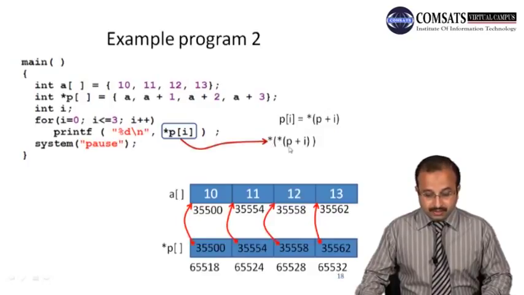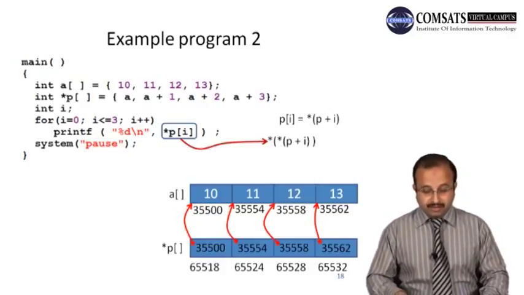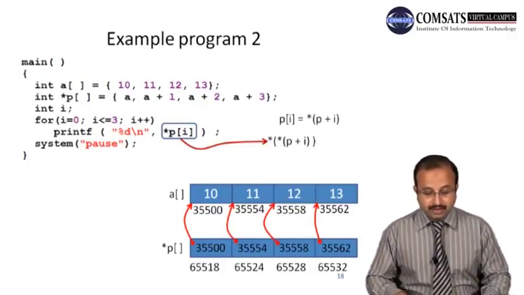So if we want to solve this, P is 65518. Add 0, since the value of I is 0 initially, so that means 65518, and then you put star with it. Then this means the value at address 65518, and that is 35500, and then you are putting star with 35500.